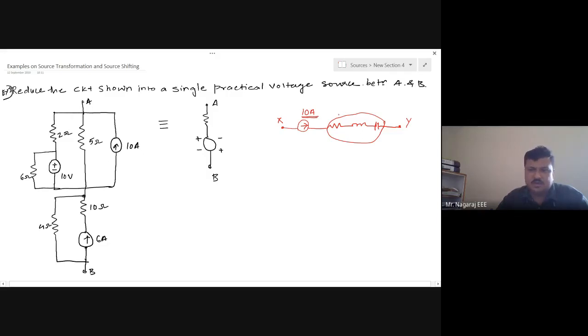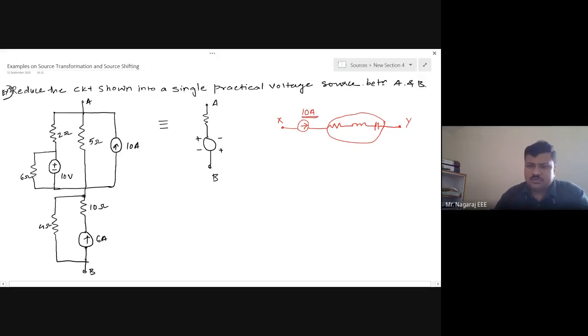When I want to reduce the circuit to its equivalent form, the effect of these passive components in series with the current source is nil. Hence, the presence of series resistances to a current source has no effect, and I can simply, for the time being, ignore this resistance, inductance or capacitance in series with this source, for simplification and transformation of the circuit.